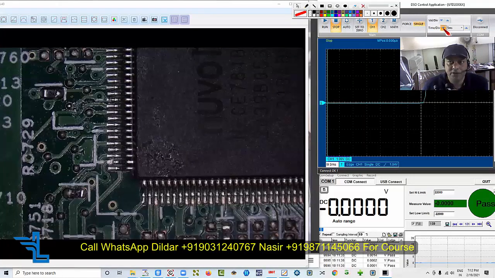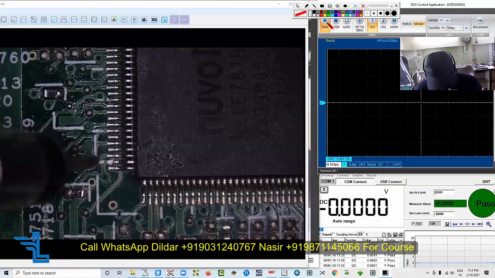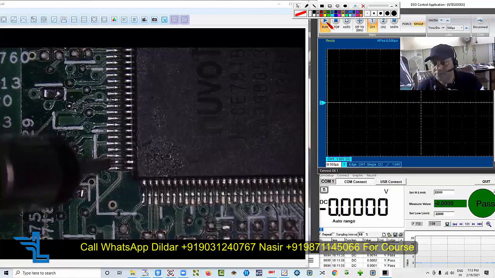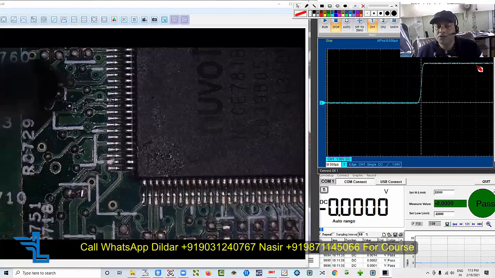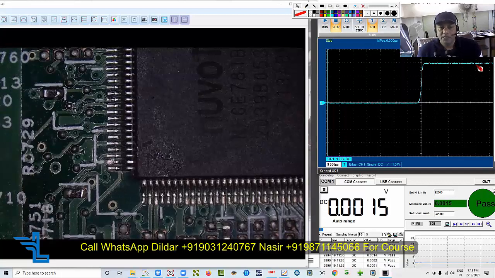Now let's check it on 500 microsecond. Okay, now off it, run. Now check it. So this is 95. Nothing, we haven't got anything. So it makes it clear that the problem is on either the PCH or the SIO.